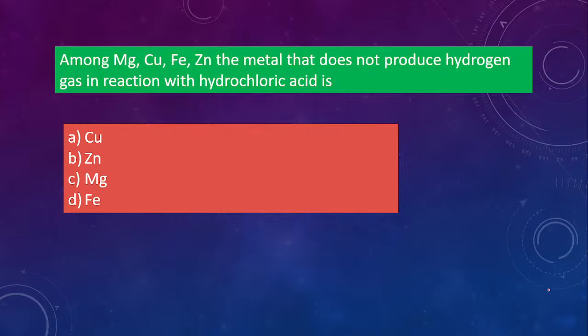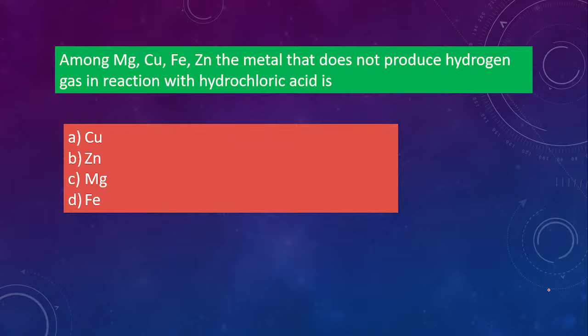Which out of these four metals will not produce hydrogen gas when it reacts with hydrochloric acid? Answer fast. Option A copper, B zinc, C magnesium, D iron.